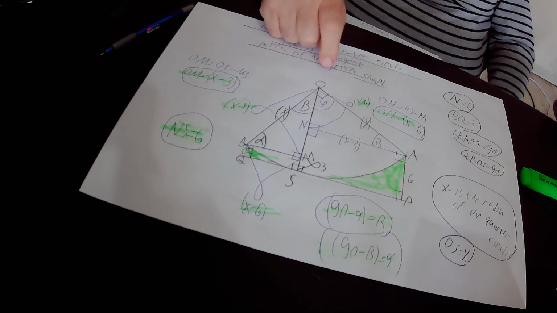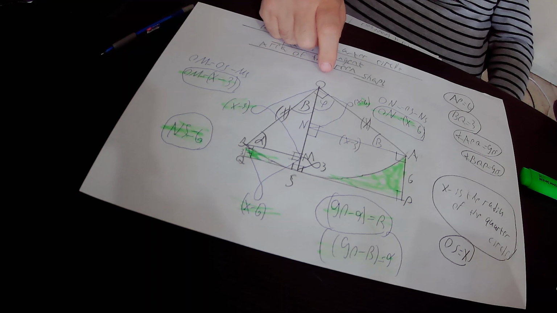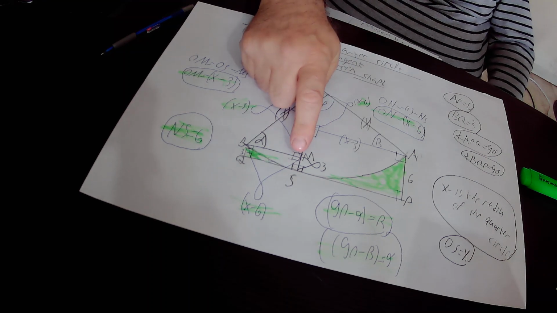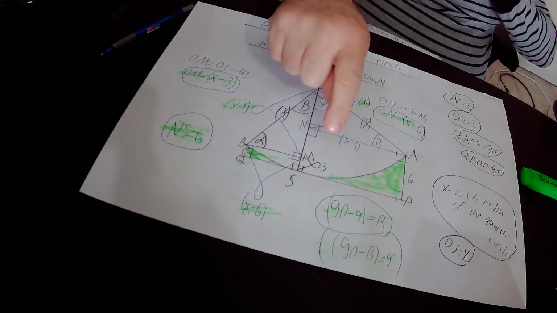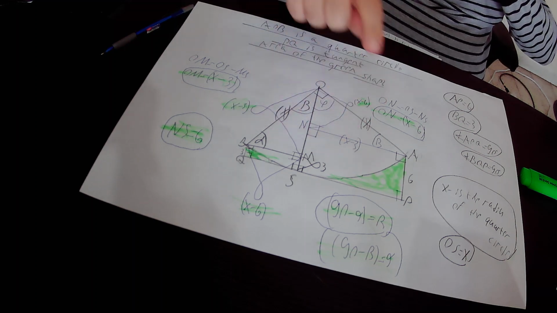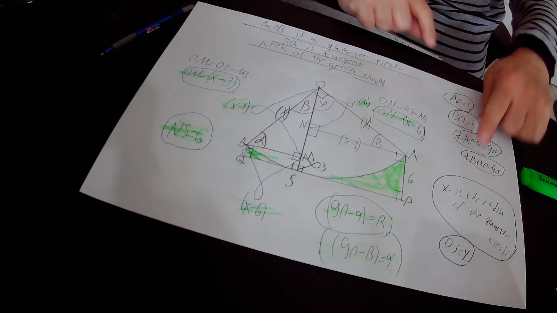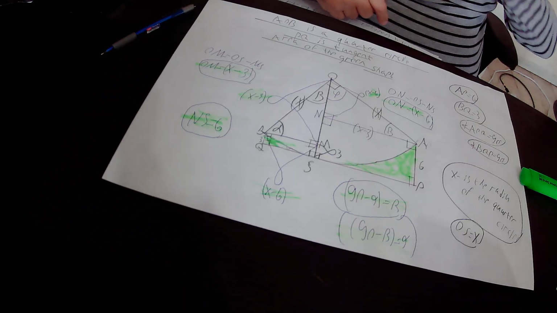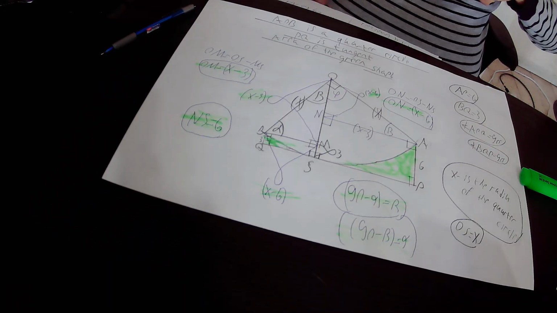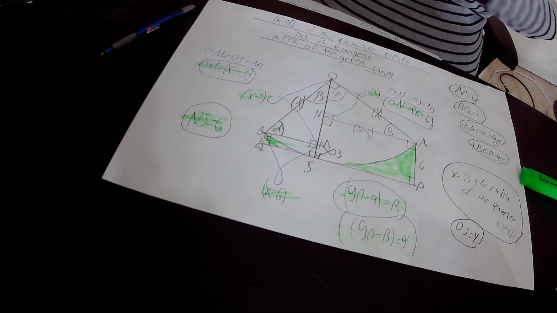Line segment OS starts from point O, that is the center of the quarter circle, and goes to point S, that is a point on the quarter circle itself. This is exactly the definition of a radius. Therefore, OS is the radius of this quarter circle. We define the radius of the quarter circle as X. So OS equals X. This is the radius of the quarter circle.